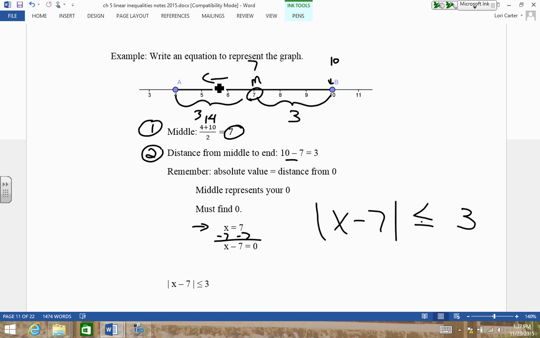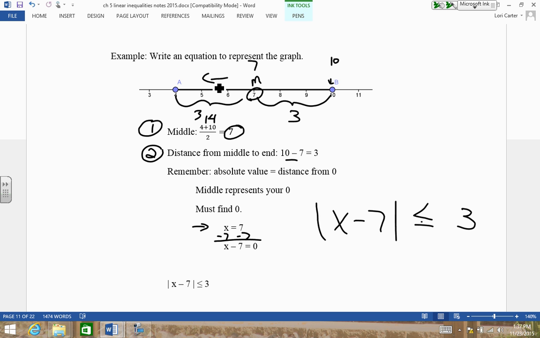You can use it, there's nothing wrong with it. Because 6 is how far away from 7? 1. And 5 is 2 away, and 4 is 3 away. Oh, so 3 is the most you can be away from the 7. That's the distance. That help?